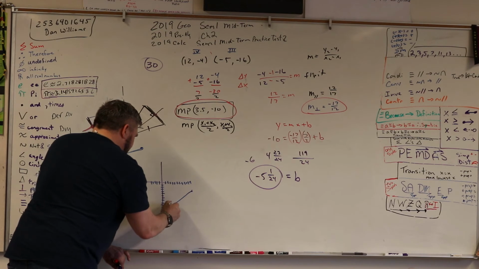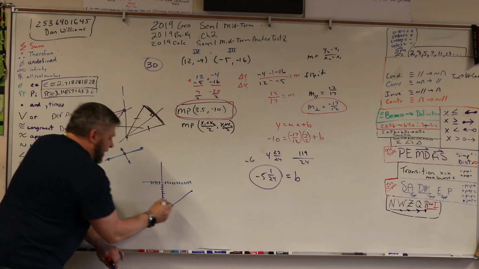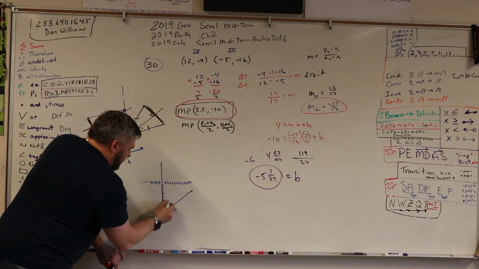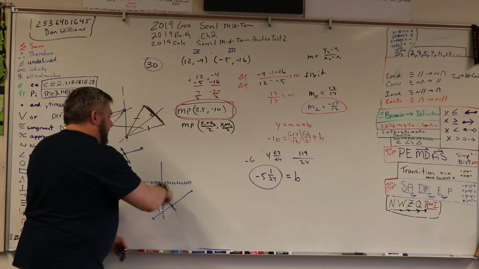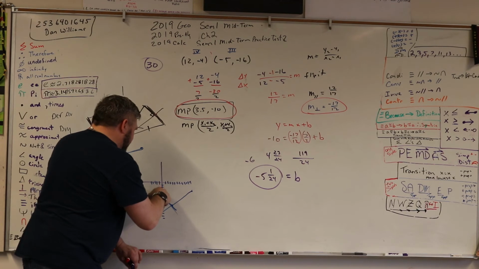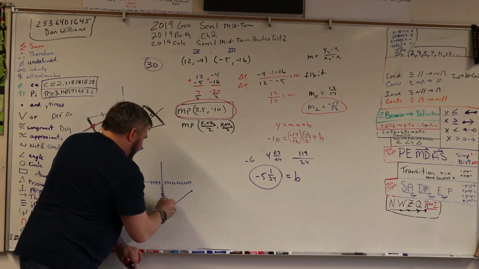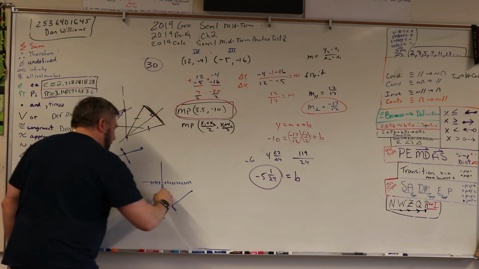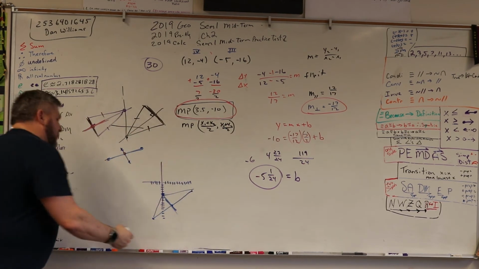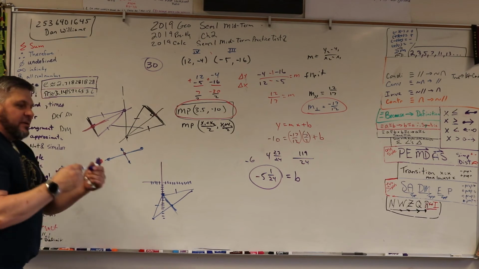So right about here. Does that make sense? And then I'm going to create this slope, and that slope is going to cross at negative 5 and 1/24, right? So right there. And that point is going to create what we call an isosceles triangle.